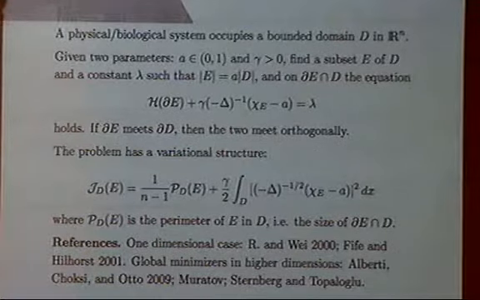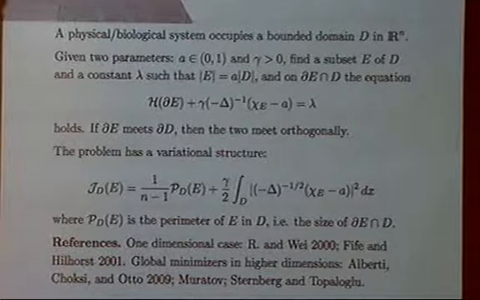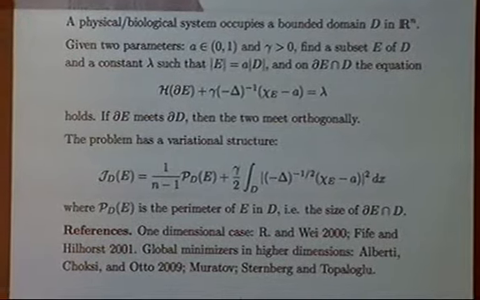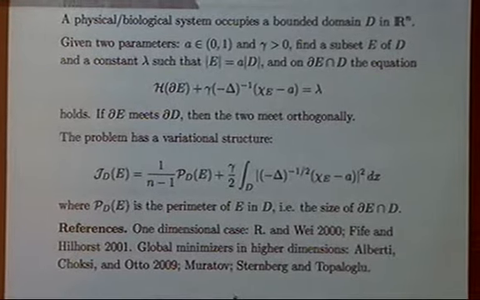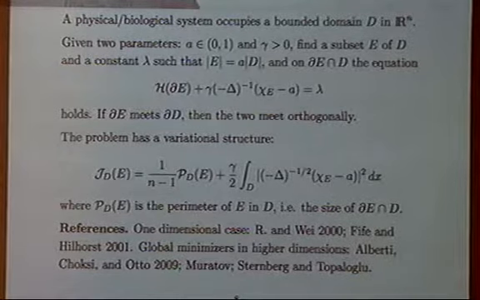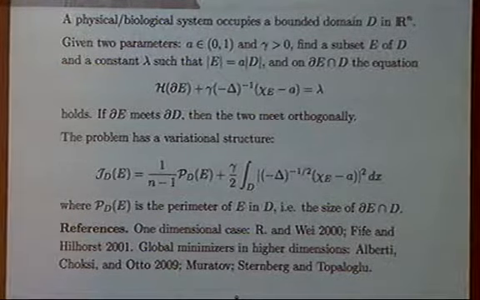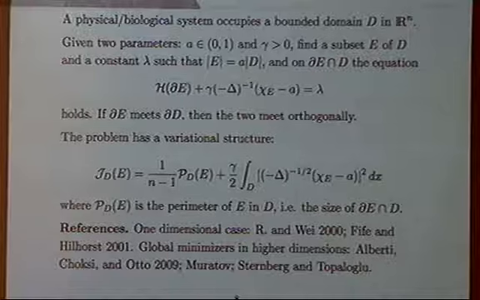So we have a biological or a physical system on a bounded domain, and now the problem we pose is the following. We are given two parameters. One is between 0 and 1, and the other is positive. And we look for a subset of the set D, such that the volume of this subset is fixed.